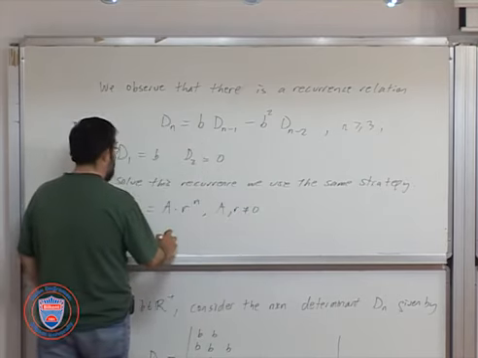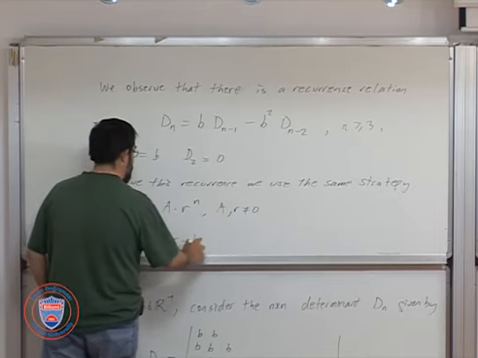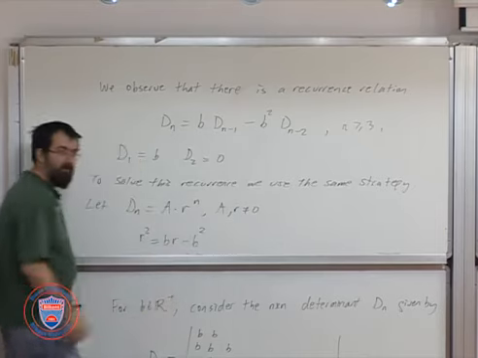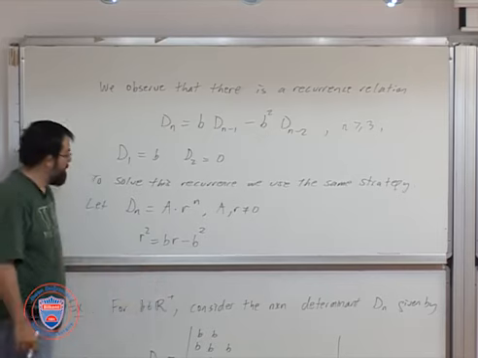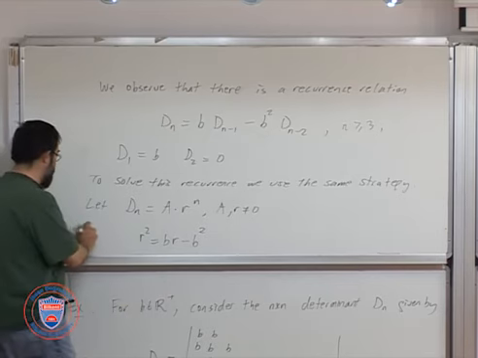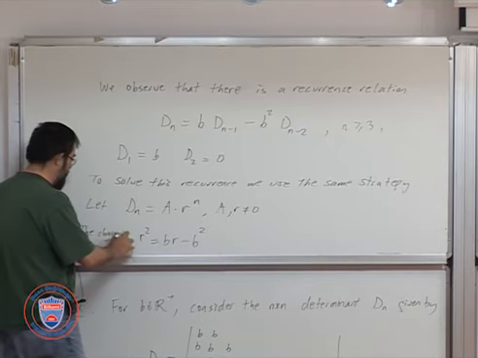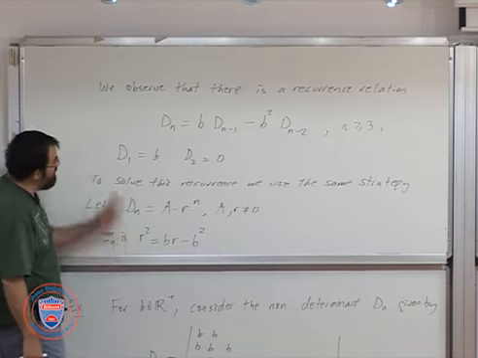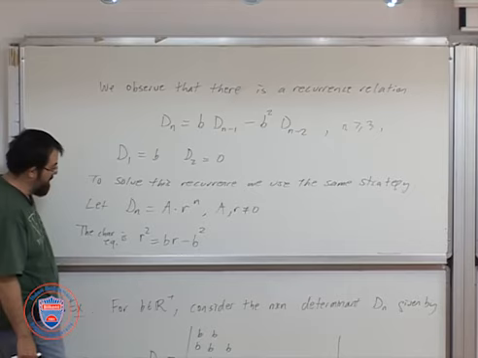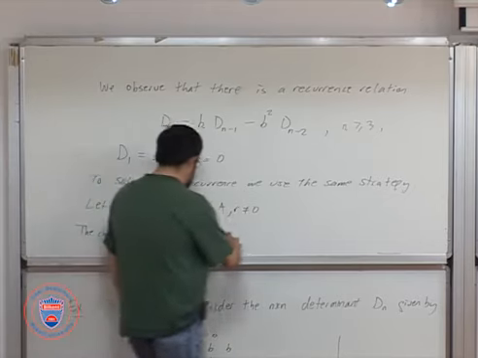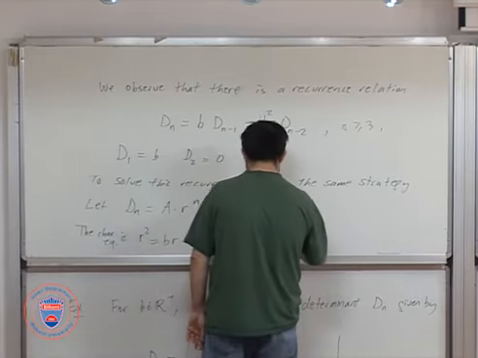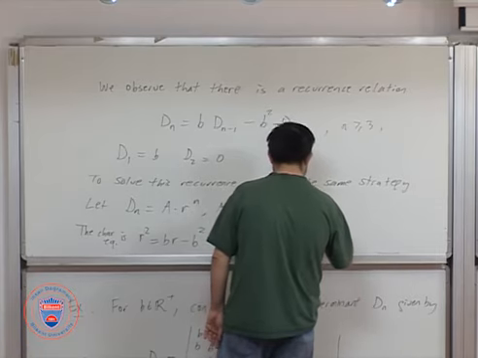You should see that this is going to give you the characteristic equation. So the characteristic equation is r squared equals br minus b squared. From here, you get r squared minus br plus b squared is 0.